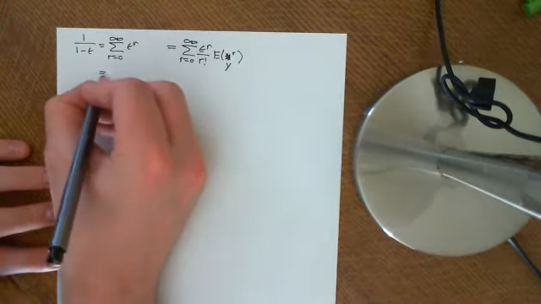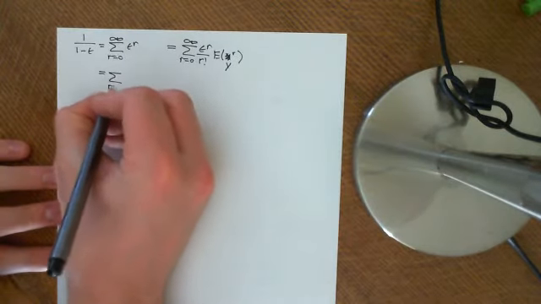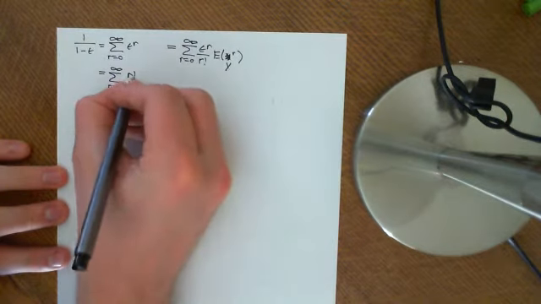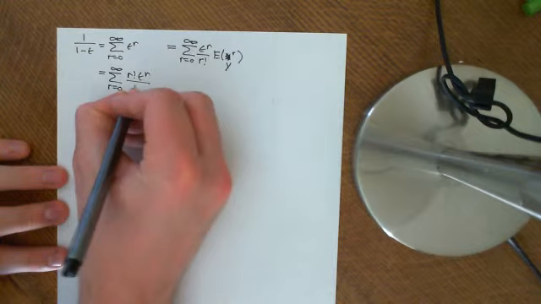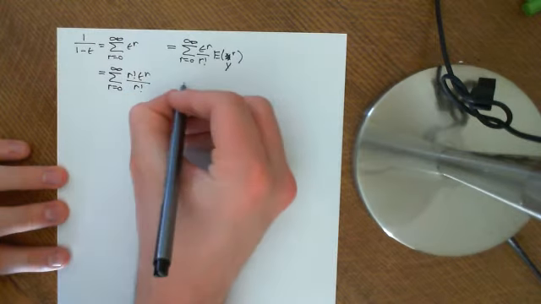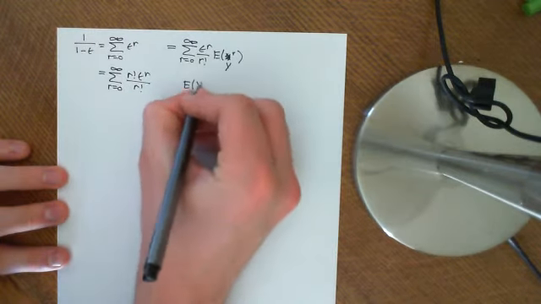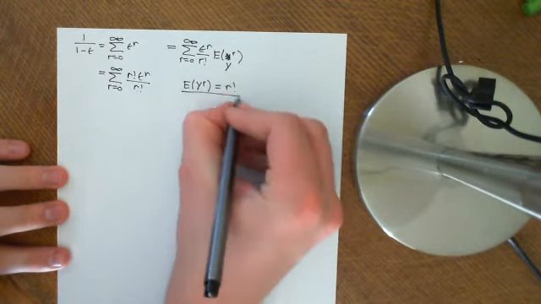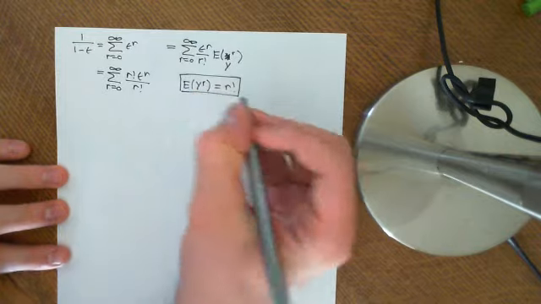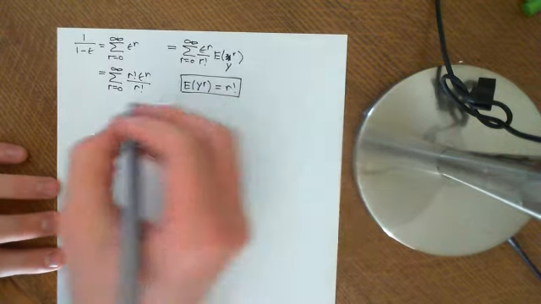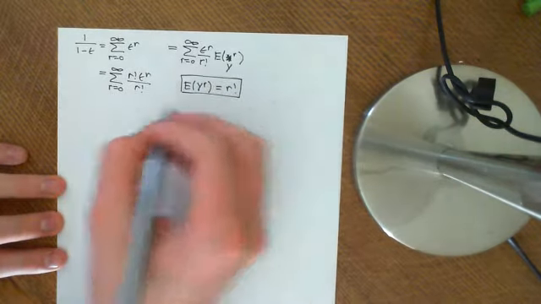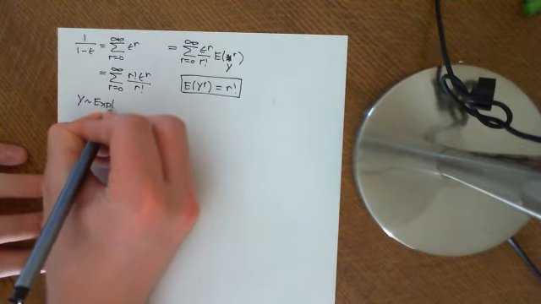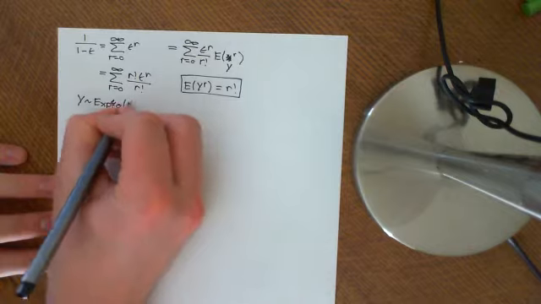So, if we just multiply and divide by r factorial to get this here, we'll get r factorial t to the r over r factorial, which implies that the expected value of y to the r must equal r factorial. So there we have it. That's the rth moment of a random variable which is distributed by the standard exponential distribution, expo 1.